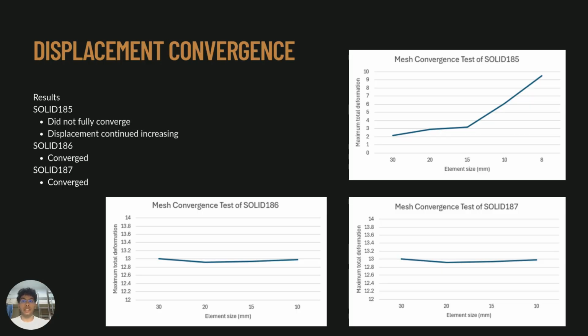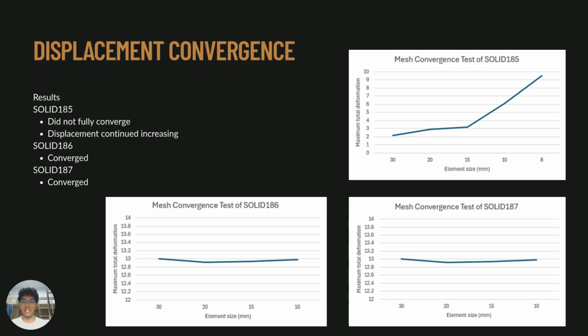This slide presents the displacement convergence results. The graph for SOLID185 shows that the displacement continued increasing as the mesh became finer. Therefore, full convergence was not achieved within the investigated mesh range. In contrast, SOLID186 and SOLID187 produced nearly identical displacement values as the mesh was refined, indicating converged solutions.